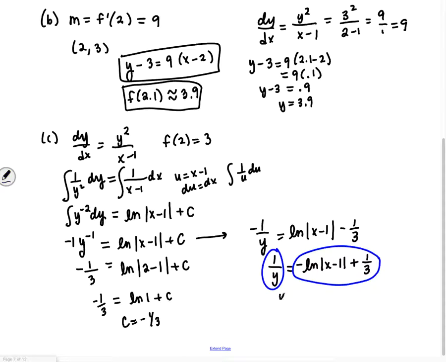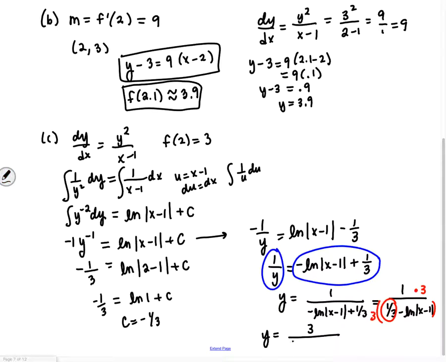It's going to look like y equals 1 over negative natural log of the absolute value of x minus 1 plus 1/3, which we could write with 1/3 minus natural log of the absolute value of x minus 1. And if it really bothers you that we have a fraction within a fraction, we multiply by 3 and multiply by 3. So the cleanest version of this would be 3 over 1 minus 3 natural log of the absolute value of x minus 1, which is kind of a strange answer.